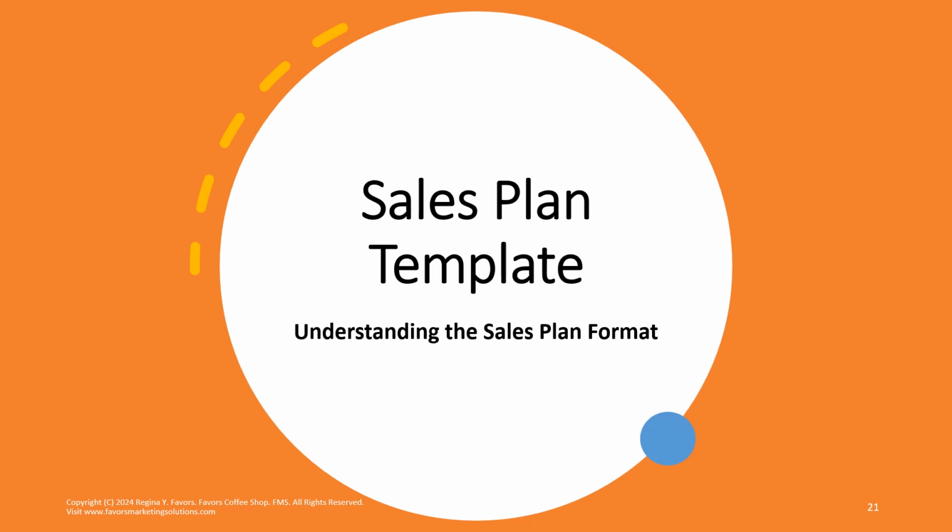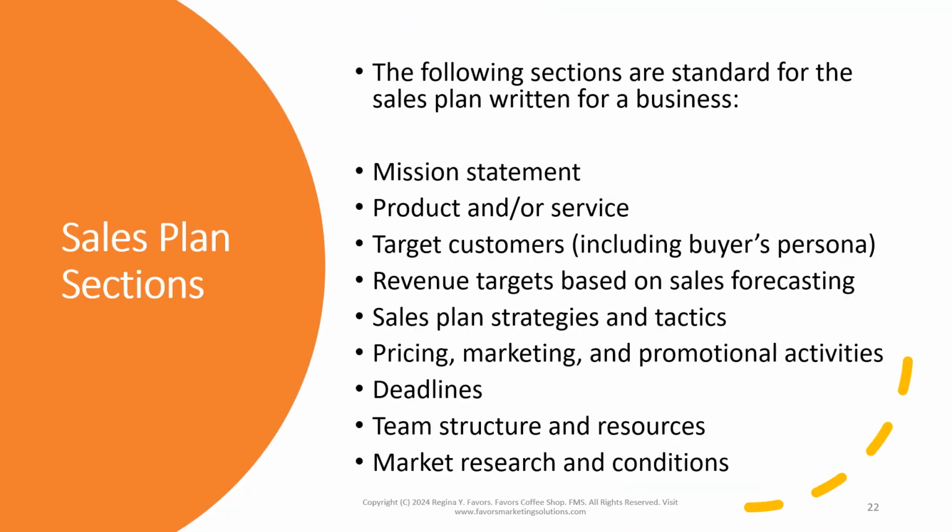So here's your sales plan template, understanding the sales plan format. The following sections are standard for the sales plan written for a business. So there's the mission statement, product and or service, target customers.